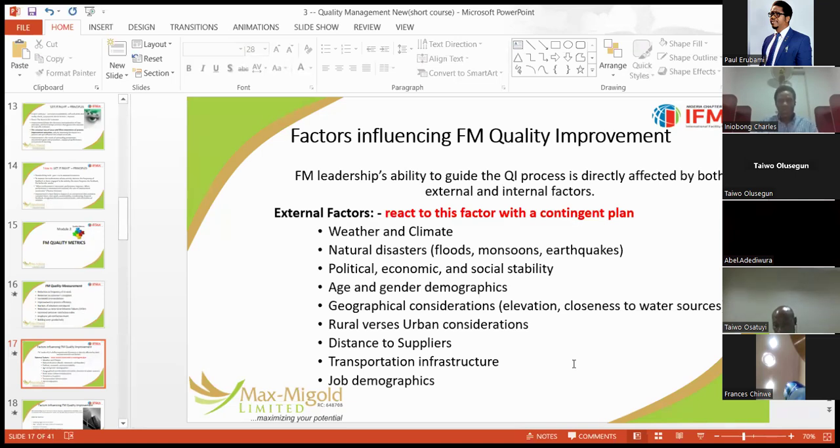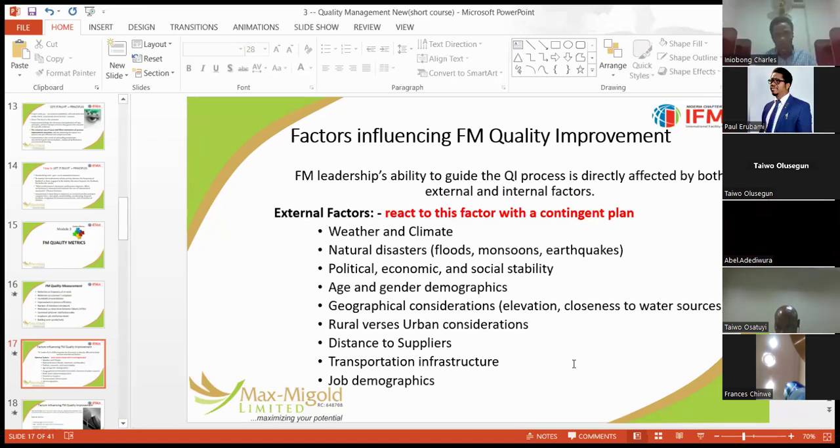That factor is external. You can't stop the rain from falling, and you can't stop people from coming in with their dirty shoes and all that. So those are factors that you really don't have control over, but you need to put a contingency plan around it. For a facility like that, where rain is falling and people are coming in, then you need to double up your cleaning. You need to put up a cleaner to deal with that.